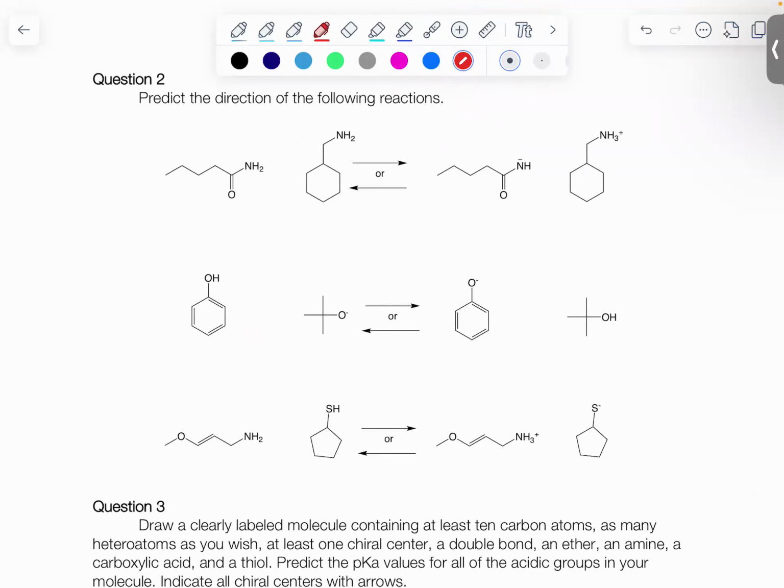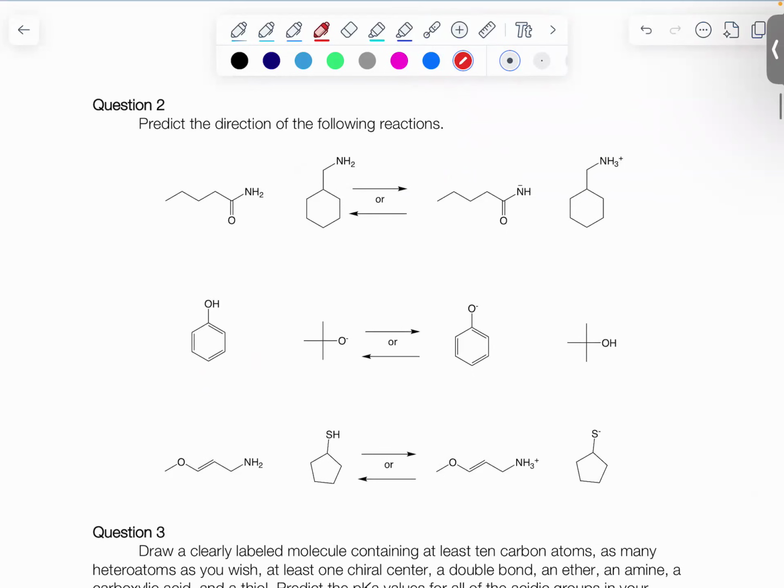So for this one, we would need our pKa table, and we would look for the closest matches to these pKa's. So here we have an amide, and the pKa of an amide is 15. And on this side, we have a protonated amine, and the pKa is 10.6.